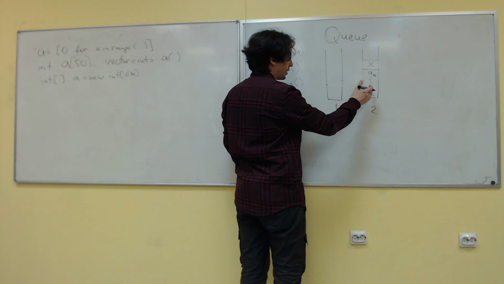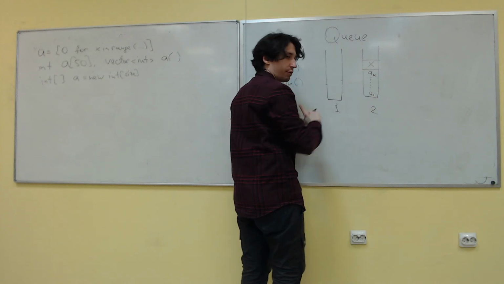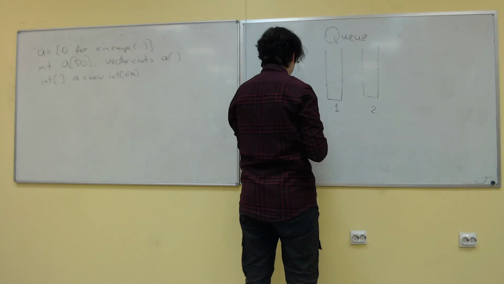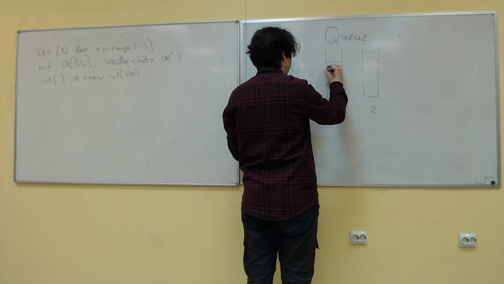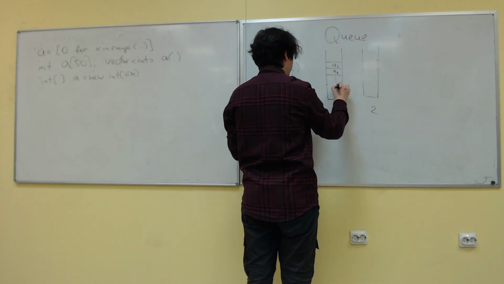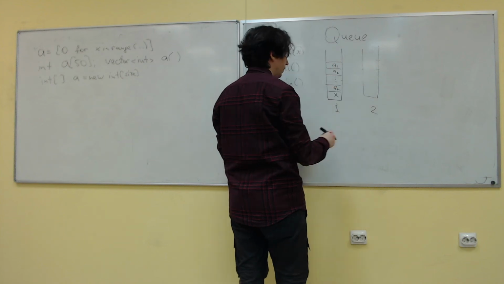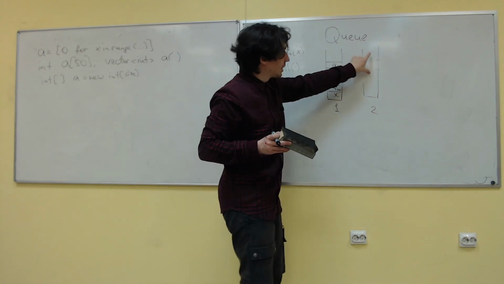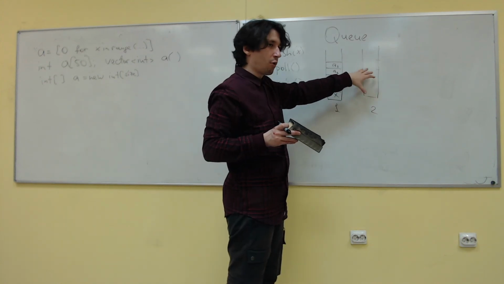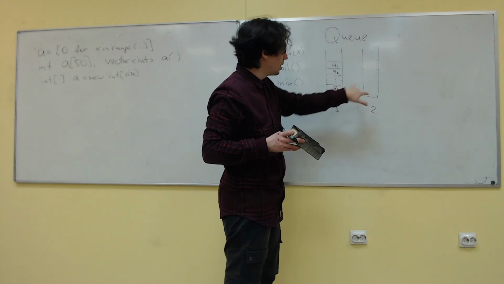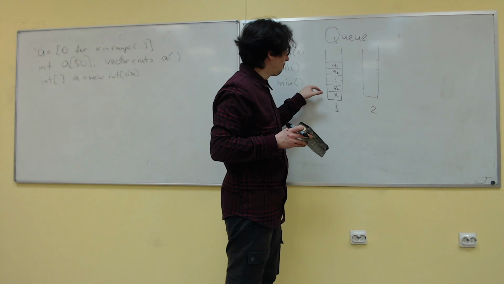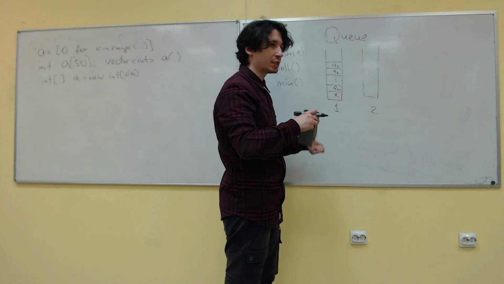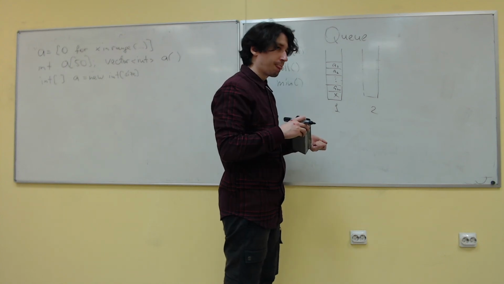After you move everything from the second stack to the first stack, we will have A1 on the top, A2 there, then AK and X. In the second stack we push the elements in the wrong order, but when we move from the second to the first stack, we push the elements in the right order. So the top will be the first element that was ever pushed to the queue.